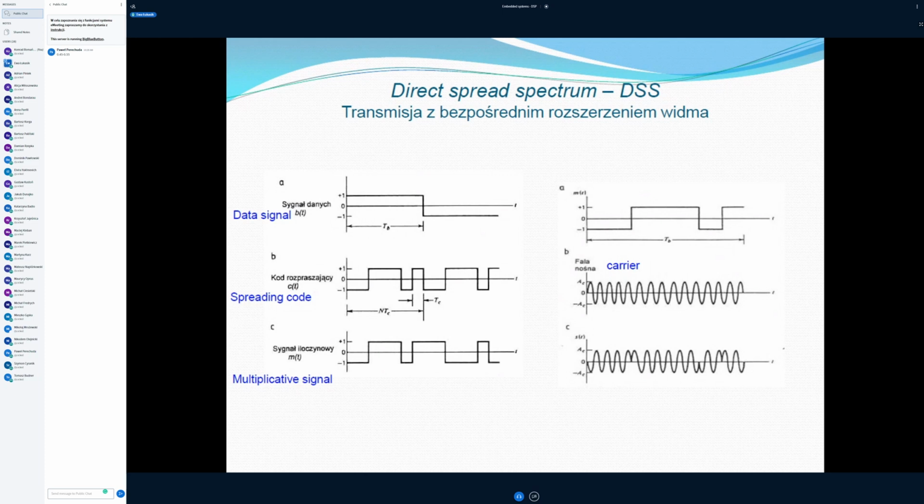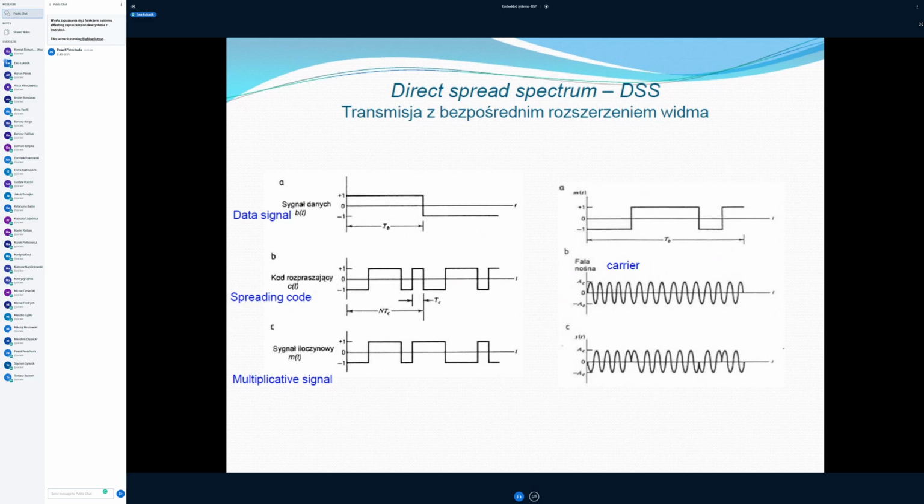So when we imagine that the energy is much, much smaller, then for the observer, it'll be a kind of noise. So for military applications, it was great. Some time ago, it was transferred to civil applications, and that's why we have Wi-Fi and things like that.